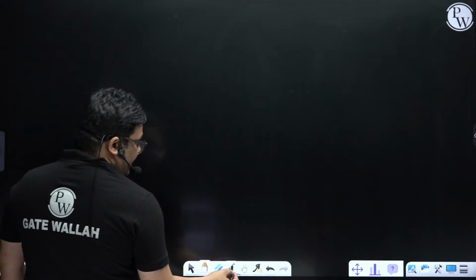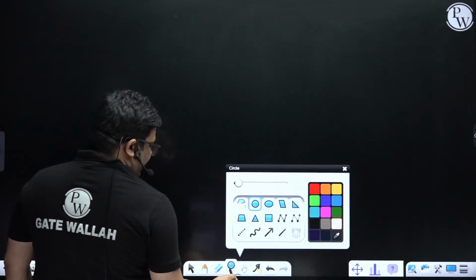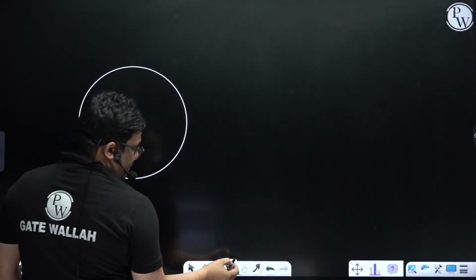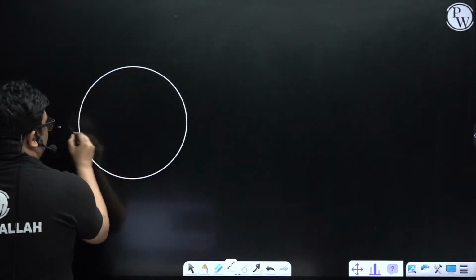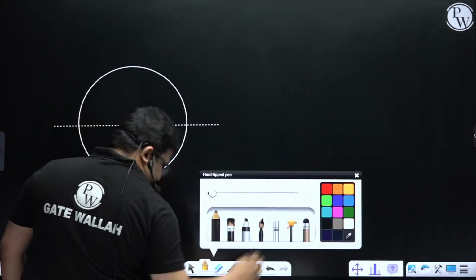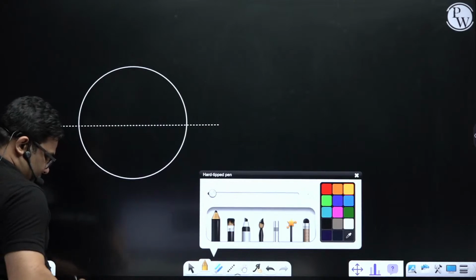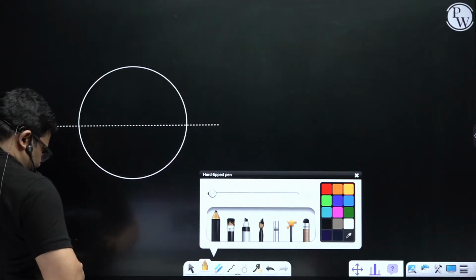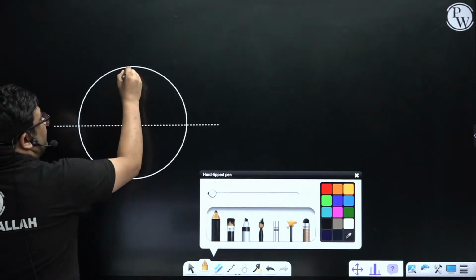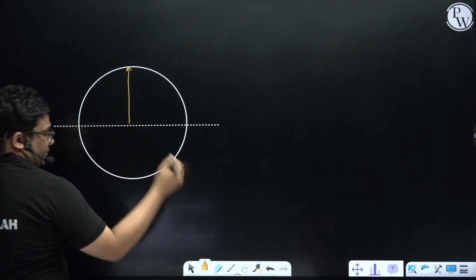If we see for a circle also, here also y top and y bottom are the same.